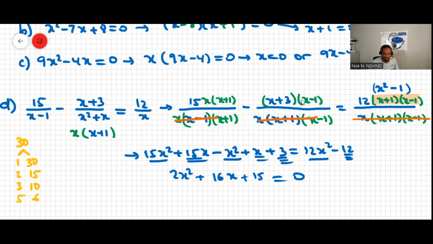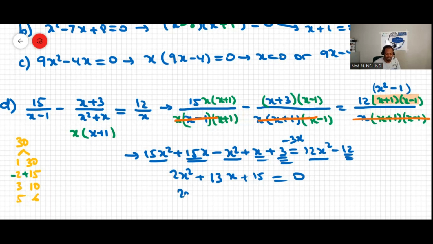3 times x makes 3x, with the negative it makes negative 3x. So there was a negative 3x that I missed. So this will be 13x. Now if I look at the factors here, we can get 13 with negative 2 and positive 15.